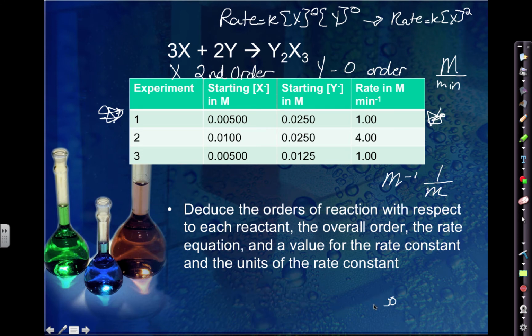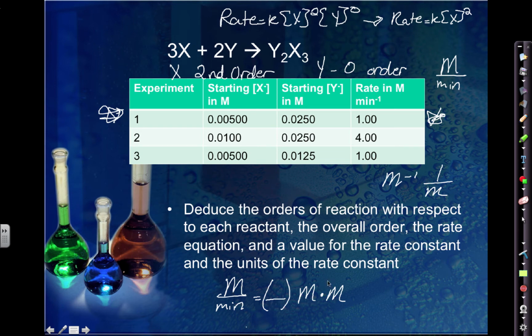All right, so now let's figure out what the units need to be. I know that the rate has to be measured in moles per minute. Well, the rate is equal to K, so I don't know what K's units are. That's a mystery still. But I do know that X is measured in moles per liter. And that's also squared, so big M times big M, moles per liter times moles per liter. Well, I know that for my rate, I have to have just 1 moles per liter on the top.